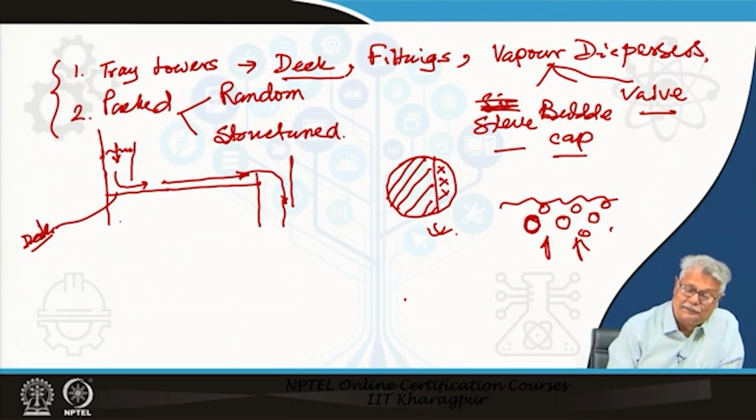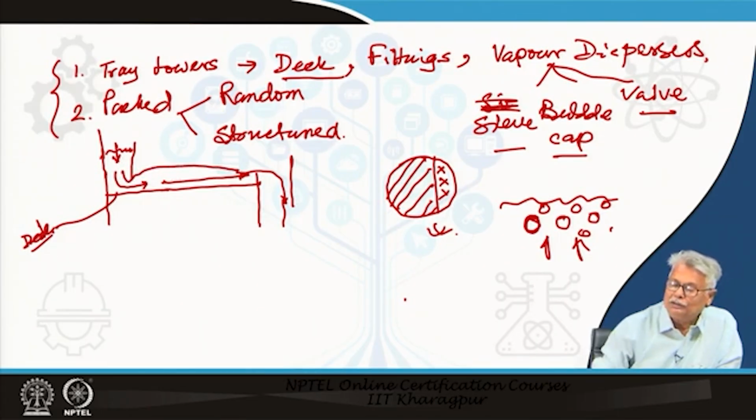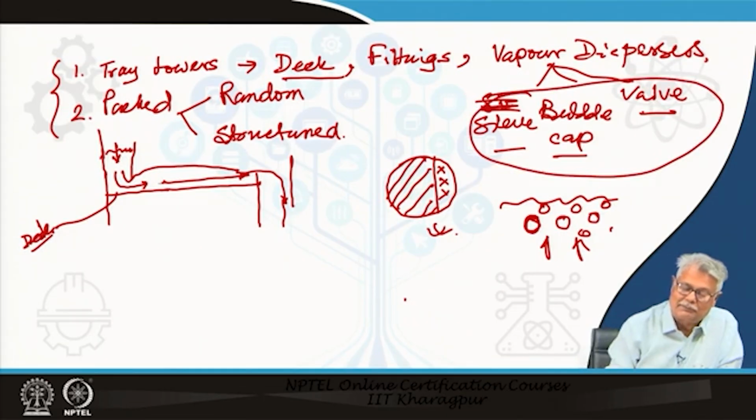So, there has to be some arrangement to ensure that what you have here on the tray deck is a pool of liquid. That means the liquid level should be such that all the fittings, the sieve or bubble or the valve, are submerged in it. That means the vapor disperser should remain submerged.